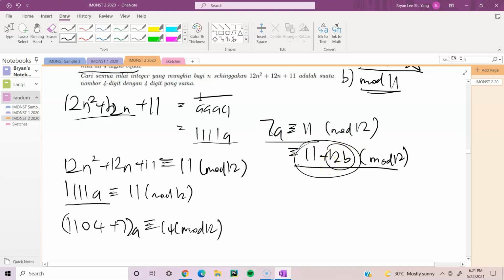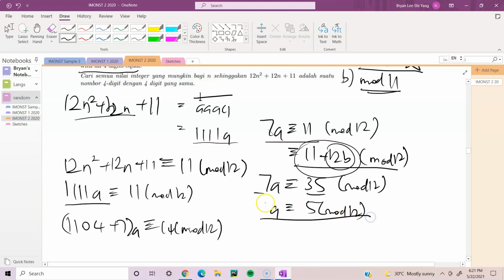This is doable, and this move is permitted. So after counting a little bit, we will find that 7a is congruent to 35 mod 12. Then we see that 7 and 35 are both multiples of 7. We will find that a is congruent to 5 mod 12.